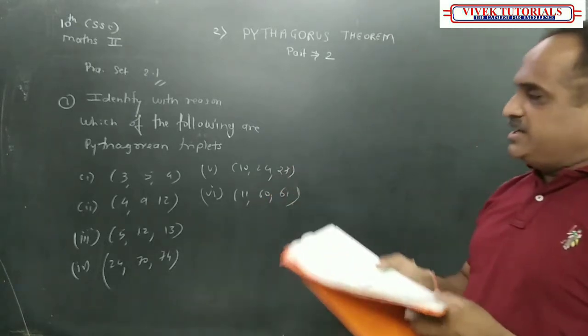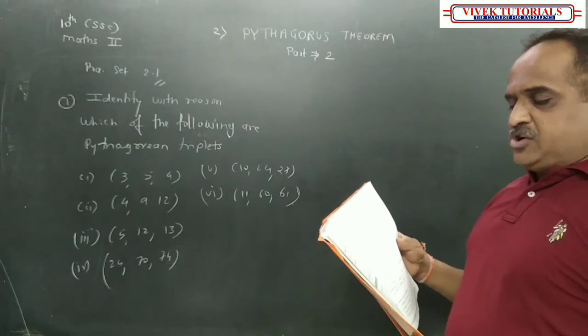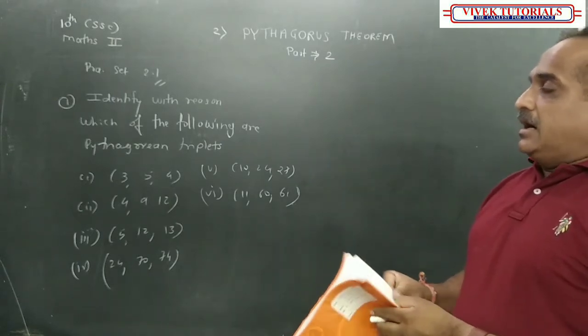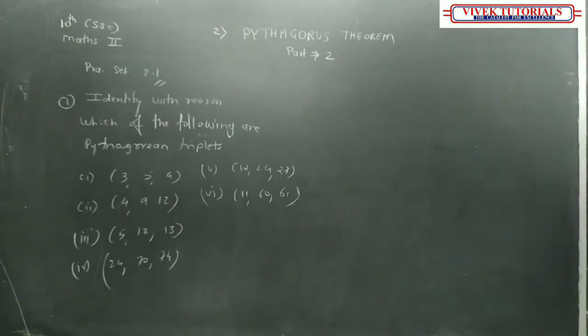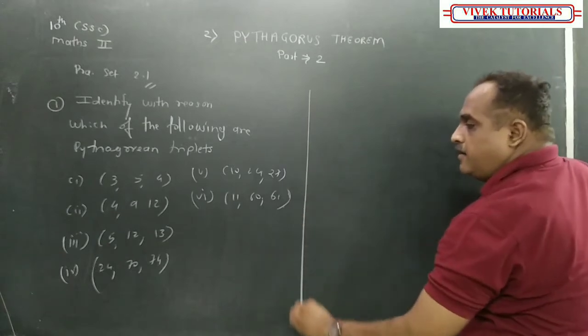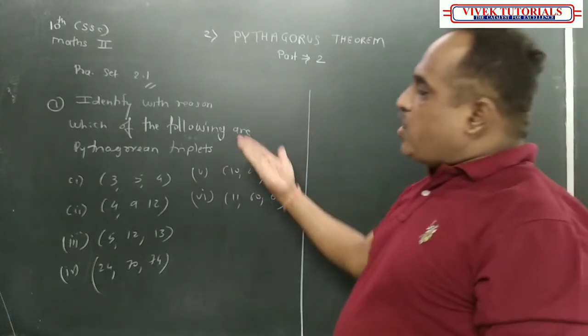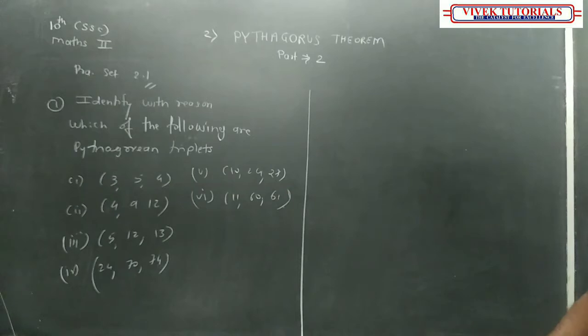Now we're able to judge, easily judge कर सकते, but they have asked you with reason which of the following are triplets. Okay. Now these are the triplets they have given. We have to identify which one are the triplet or which one is not.